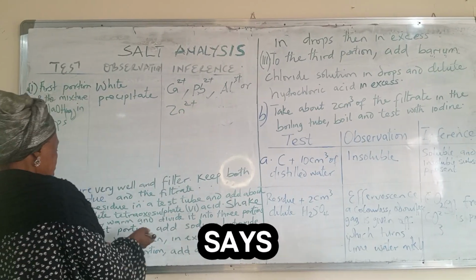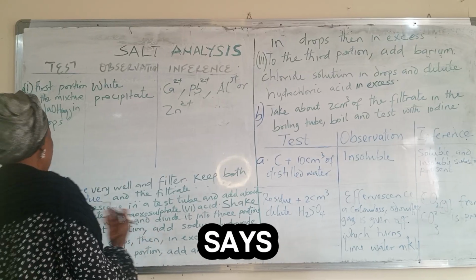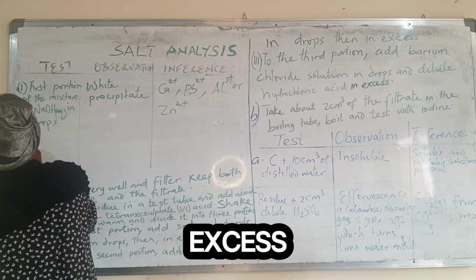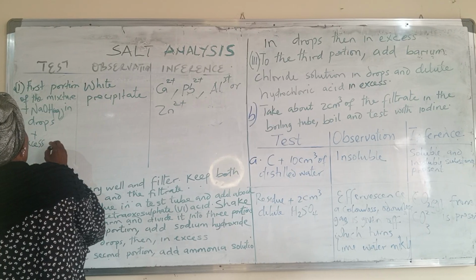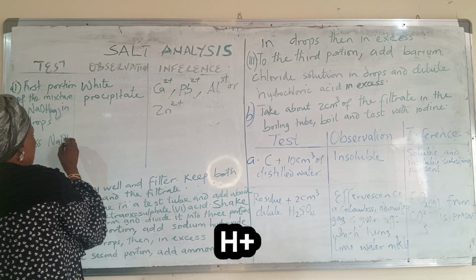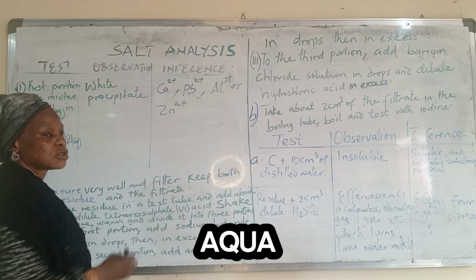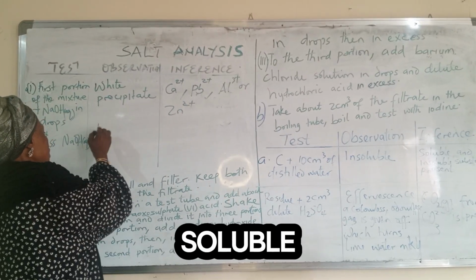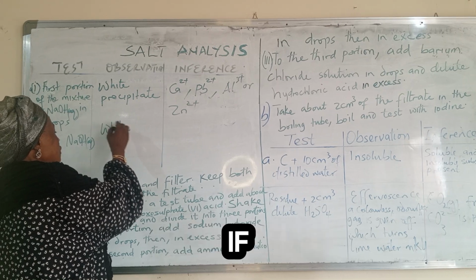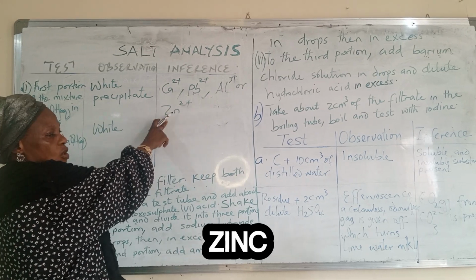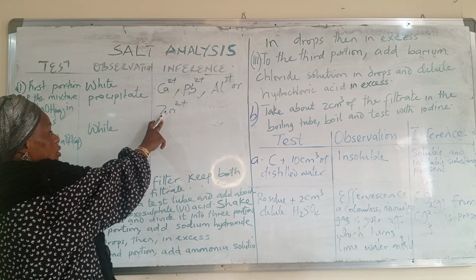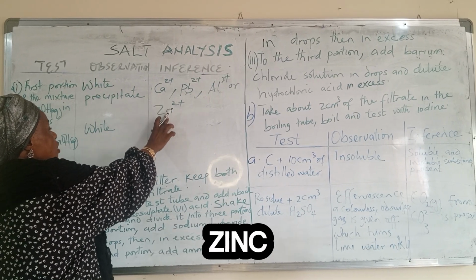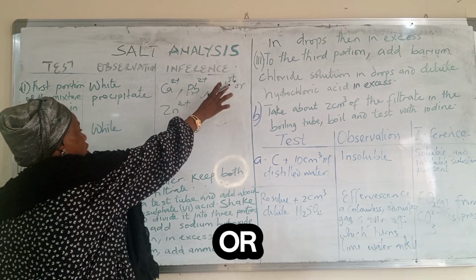Now the question says then in excess, plus excess NaOH aqueous solution. If the white precipitate is soluble, it is zinc salt, Pb2+ or Al3+.